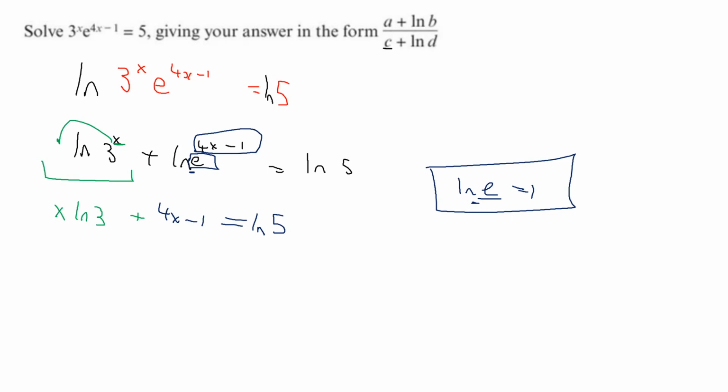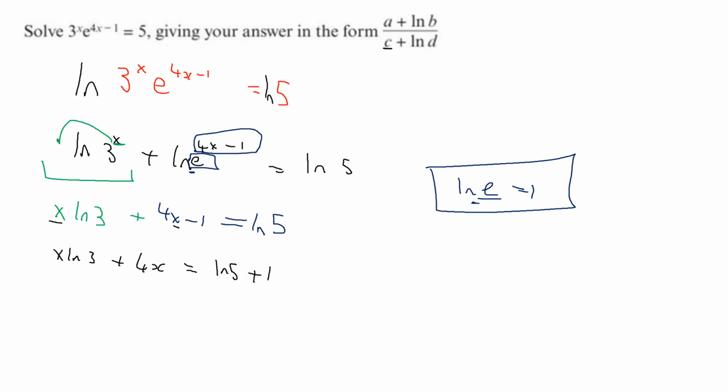Now what do we do? We make x the subject, so we put this minus on the other side. x ln 3 plus 4x is equal to ln 5 plus 1 actually.